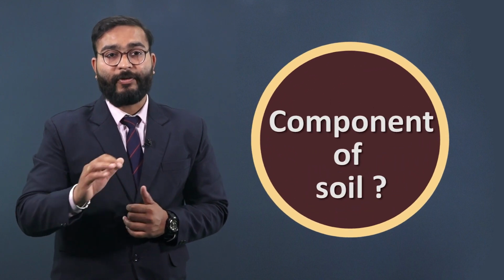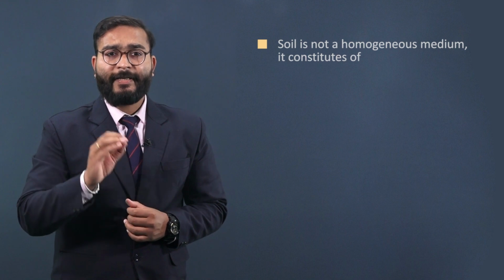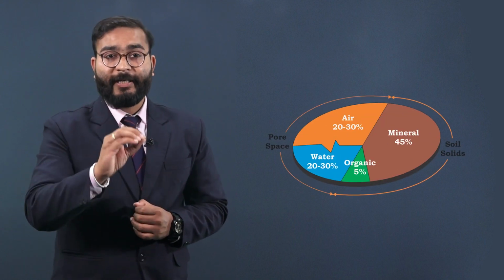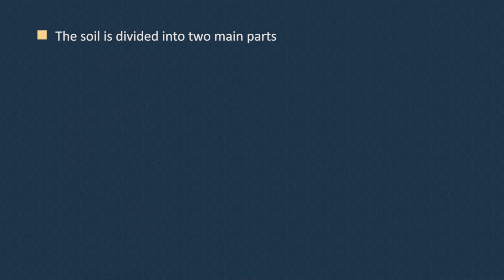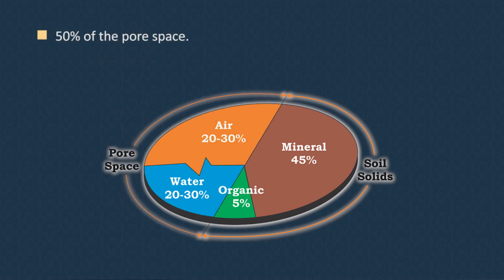Student, now let us look into the various components of the soil. Soil is not a homogeneous medium. It constitutes air, water and minerals. For better insight, student, let's look at this figure. Typically, the soil is divided into two parts: the solid portion of 50% and 50% pore space.